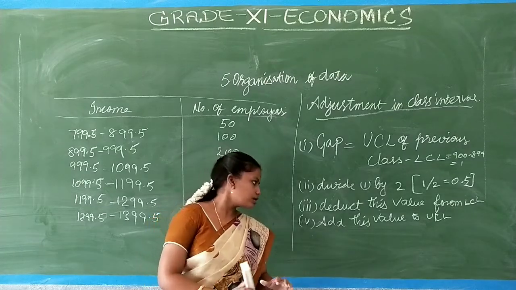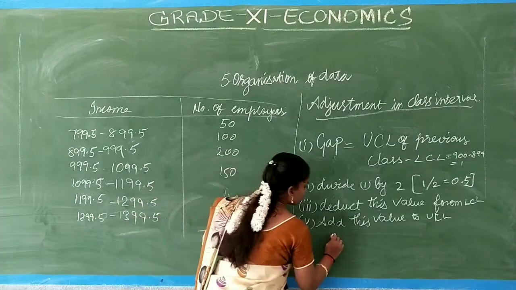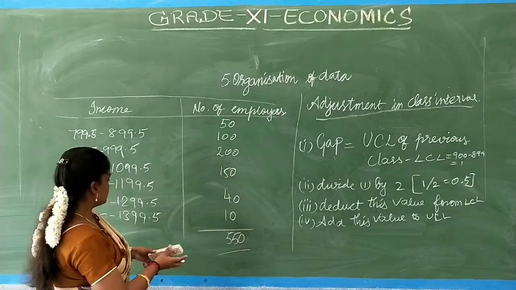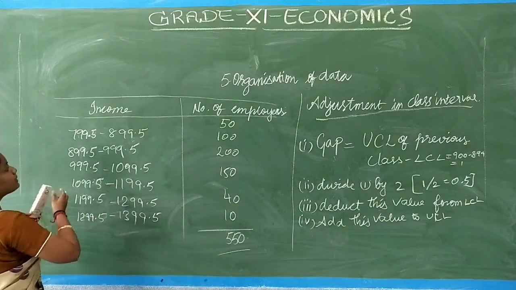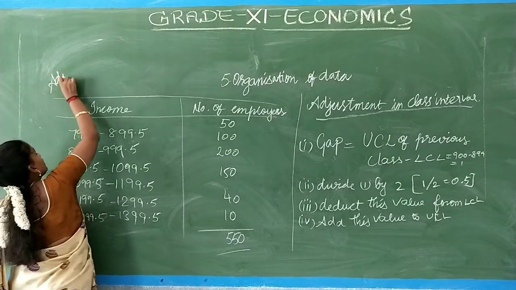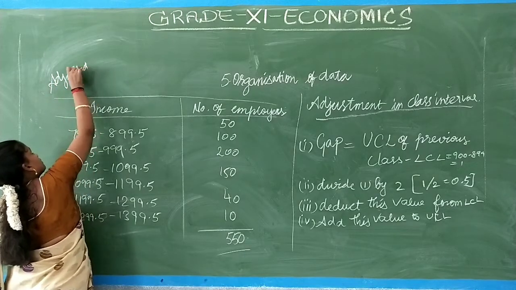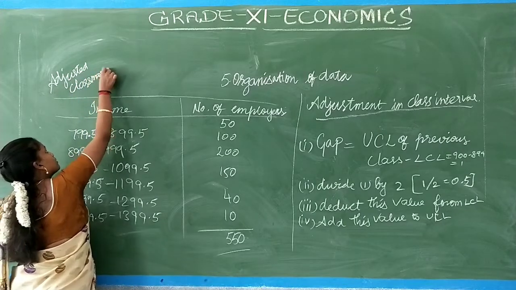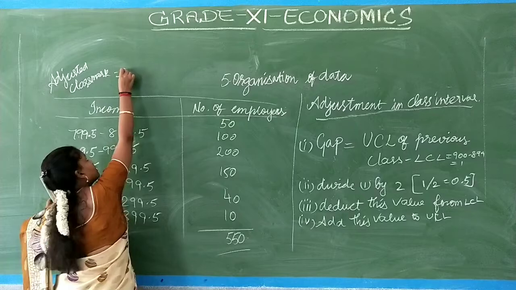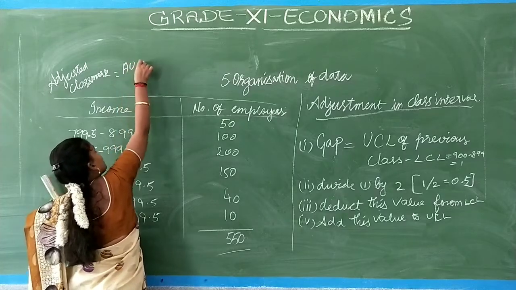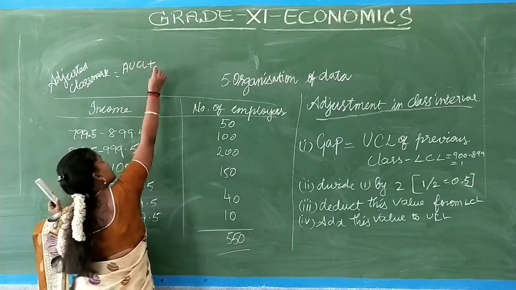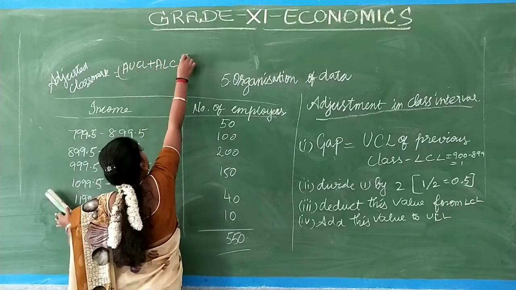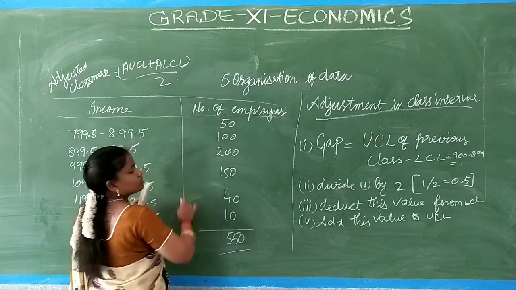Same thing what you are going to do. You are going to find the adjusted class mark. How will you find it? Same, adjusted upper class limit plus adjusted lower class limit divided by 2.